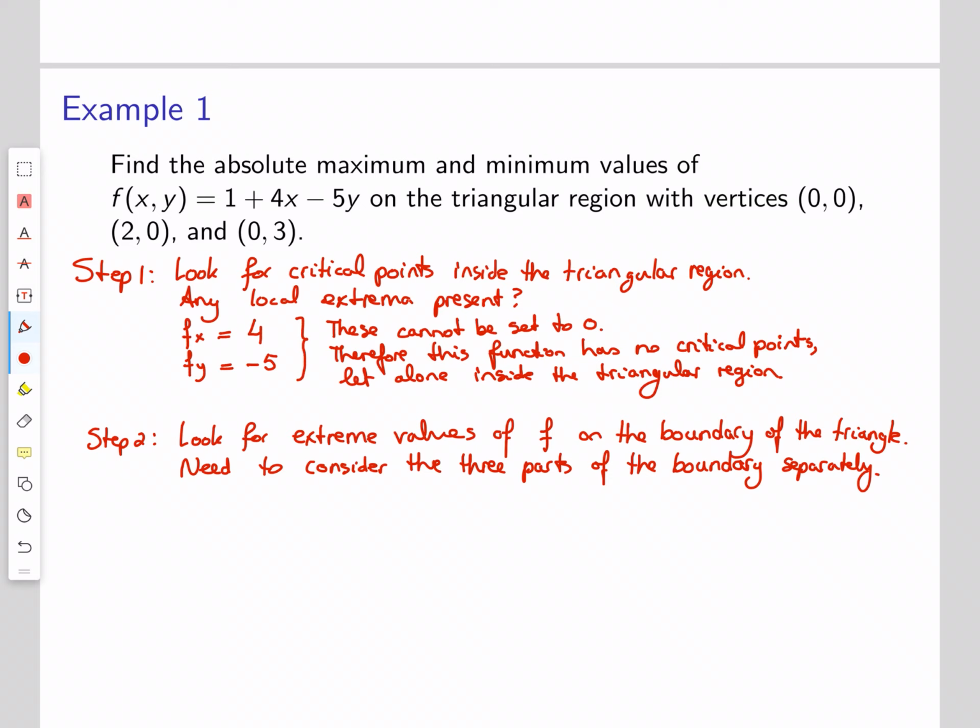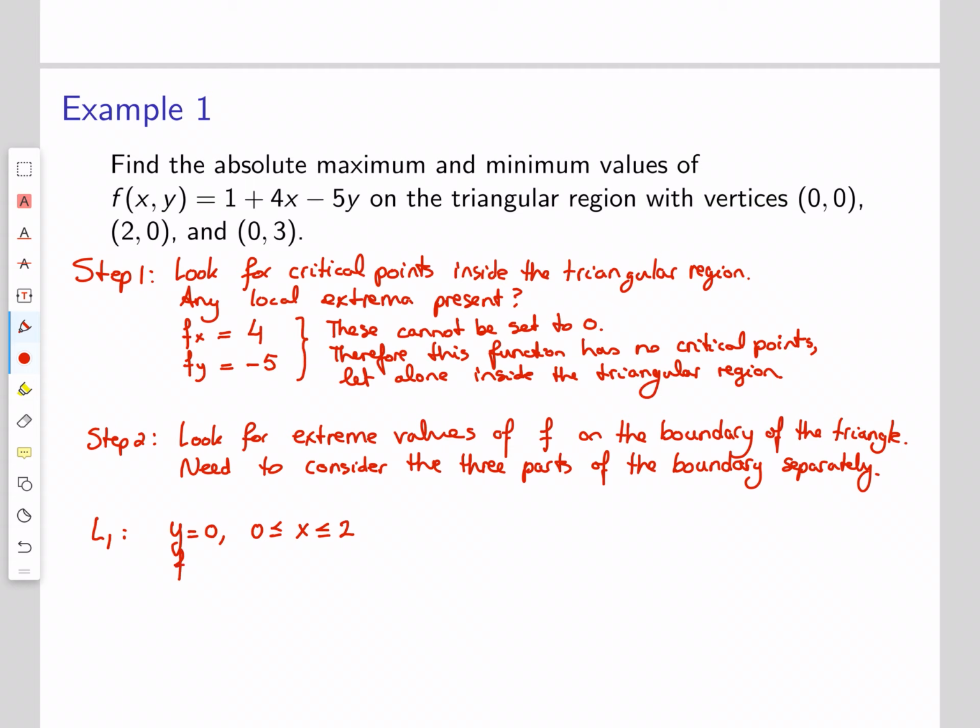Okay, so that is then step number 2, is we look for extreme values of f on the boundary of the triangle, and we need to consider all 3 parts of the boundary separately. So let's start with L1. We found the equations for that. We characterized L1 mathematically. We said on L1, it is true that y is equal to 0, and we have this restriction that x has to be between 0 and 2.